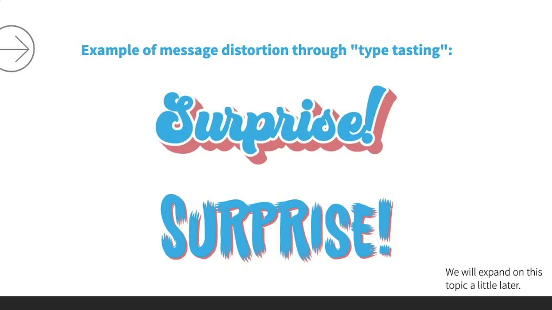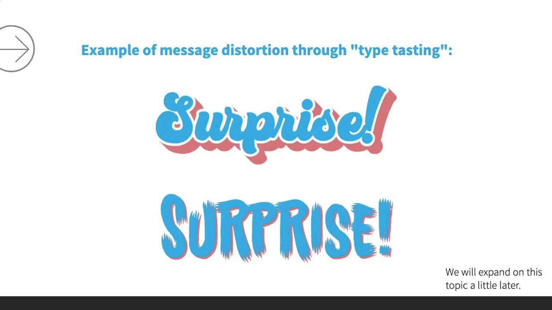It's the same exact word, but the one on the top, when we read the word surprise this way, we think, oh, this might be something we see in a birthday card or an anniversary card. We associate good things when we see the word surprise written out this way. Now, on the bottom, this is more of a surprise, you've just been attacked by a werewolf. And surprise, you are now a werewolf as well.